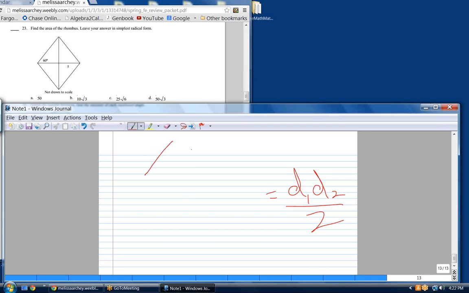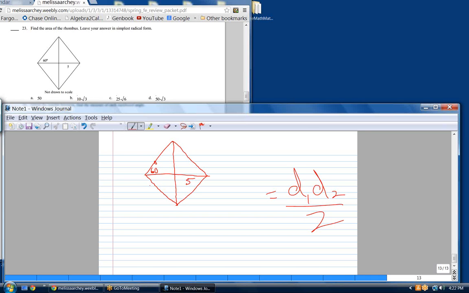So let's look at this rhombus for a second. A rhombus is basically a diamond, like a baseball diamond. This dimension is 5. This angle is 60 degrees. That should be all we need.